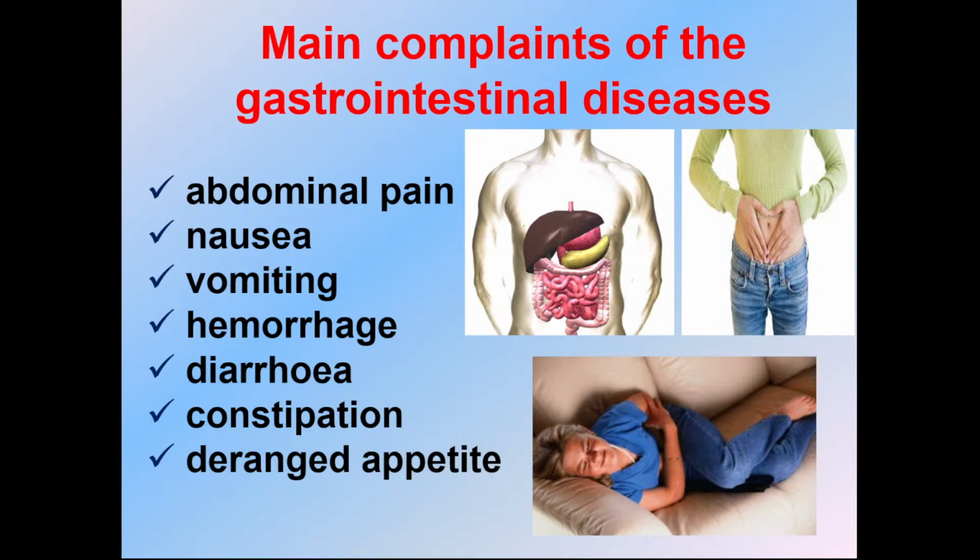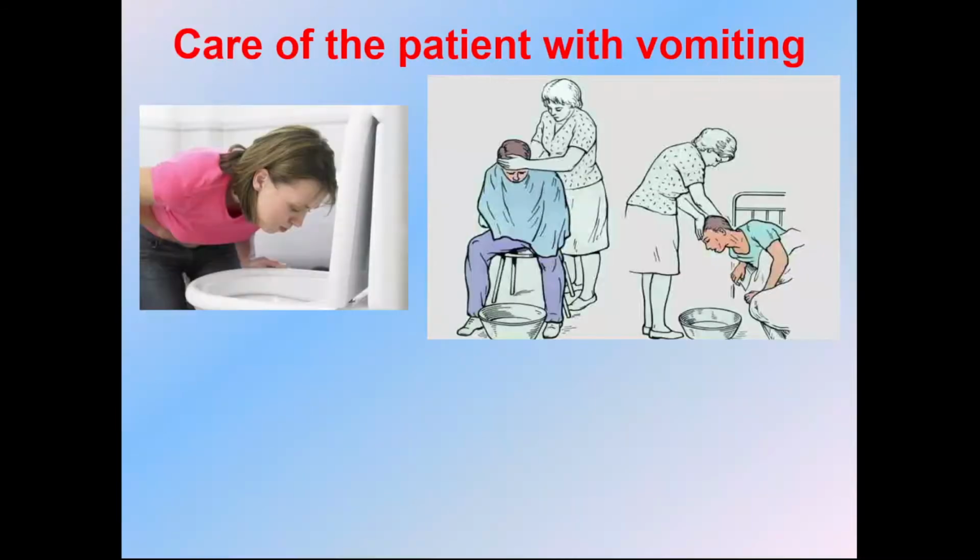Patients with pathology of the digestive system have problems with defecation, because defecation is the final stage of the digestive process. The patient can have liquid defecation, which is called diarrhea, or problems with defecation, retention.